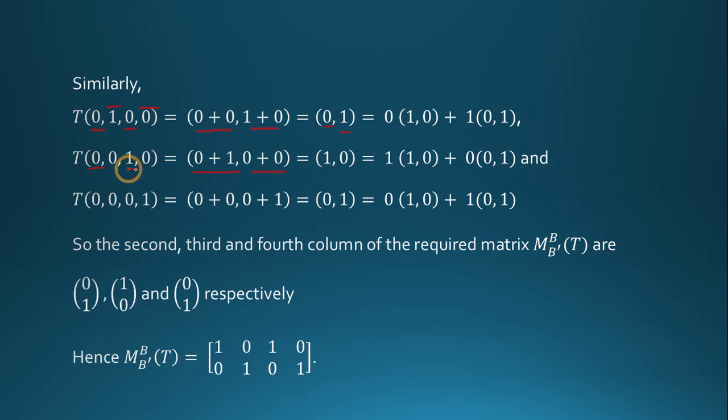Addition of first and third and second component, second and fourth. First and third is 0 plus 0, second and fourth 0 plus 1. So we get here (1, 0) and (0, 1) is equal to 1 into (1, 0) plus 0 into (0, 1), and here (0, 1) is equal to 0 into (1, 0) and 1 into (0, 1).